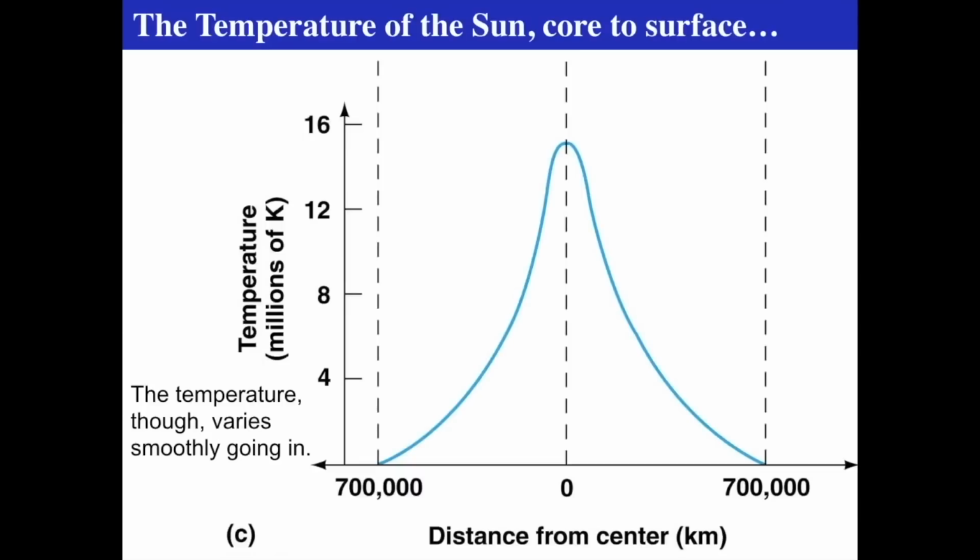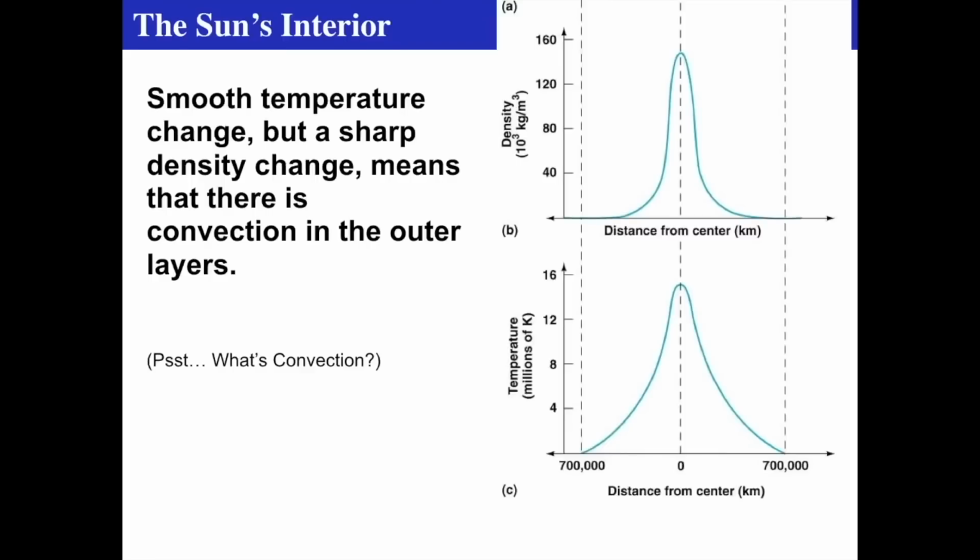Now, how does it vary with the temperature? The temperature, however, varies more smoothly. It still is strongly peaked in millions of Kelvin from the center, and it goes out to about 6,000 at the photosphere. But you can see that the temperature drops rather differently. So between the steep difference in density and the smooth difference in temperature, there comes a point that could actually draw out convection.